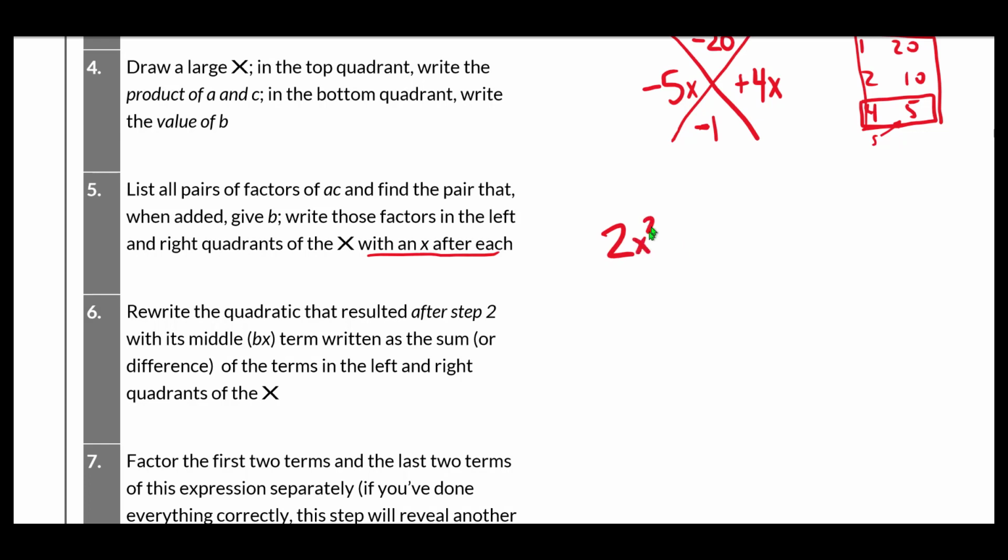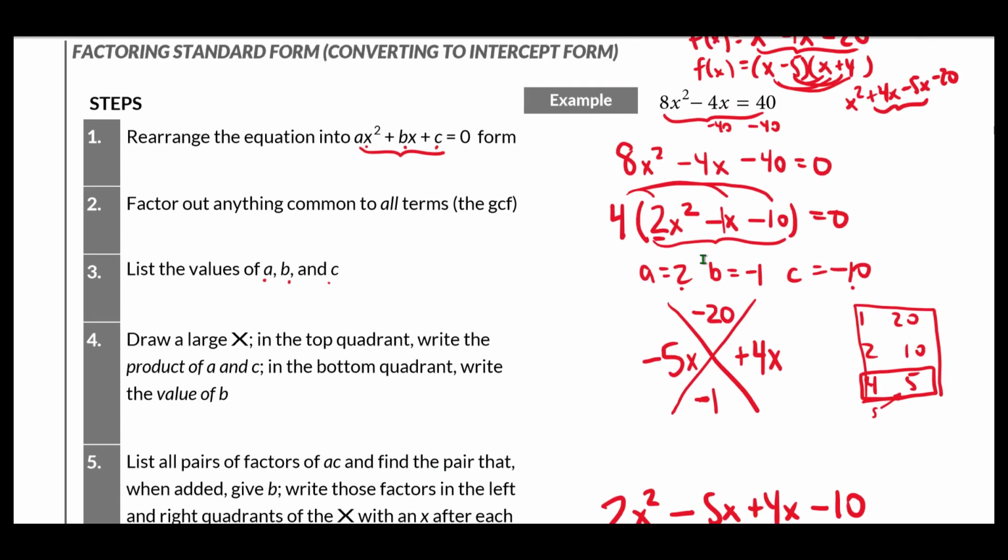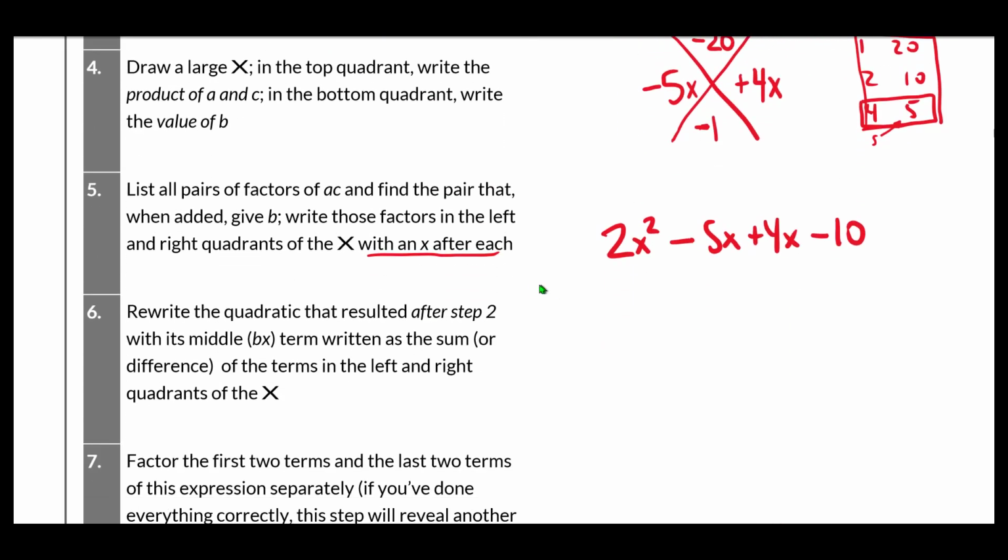So 2x squared minus 5x plus 4x minus the 10. If I want to put the 4 out here, it's actually not a bad idea to do that, just so we don't drop it. I do remind you in a later step to make sure you throw back in that number that you had factored out in step 2.